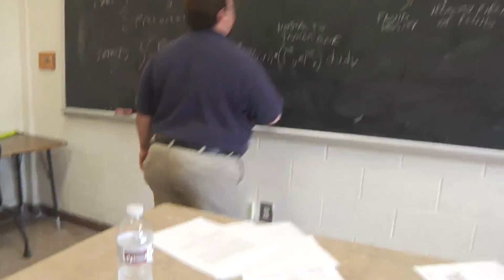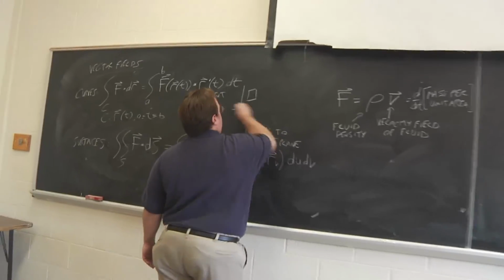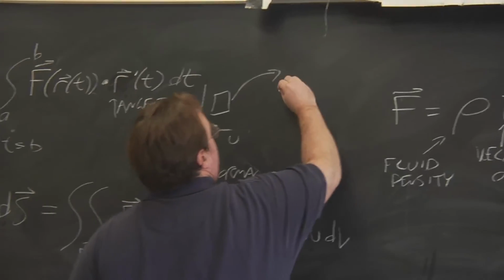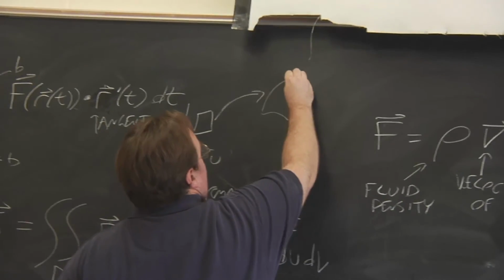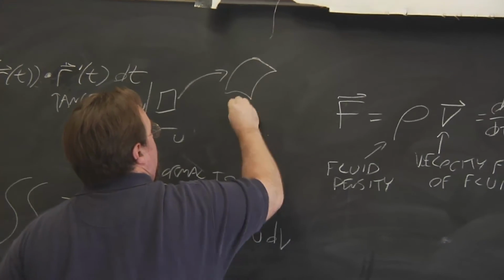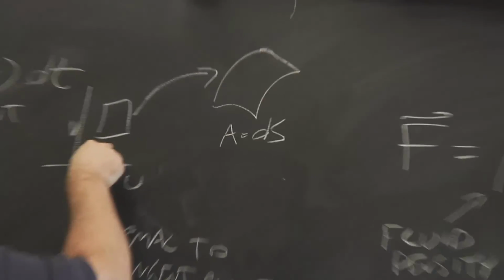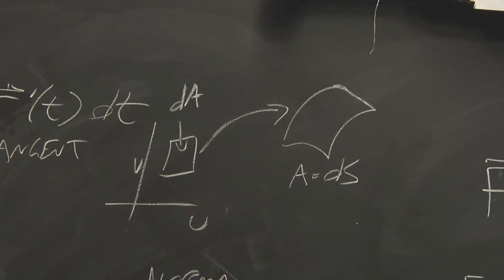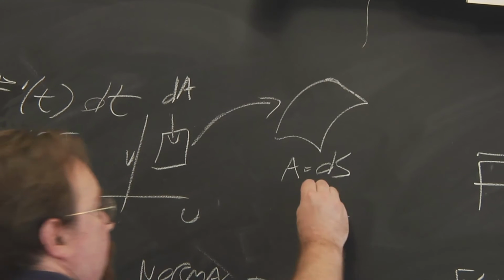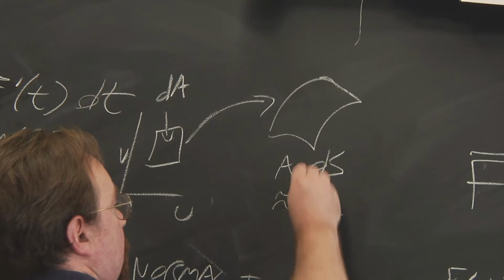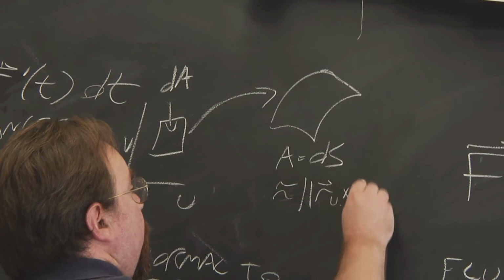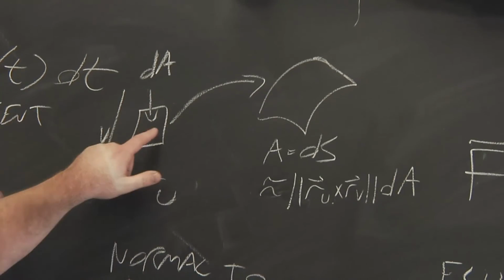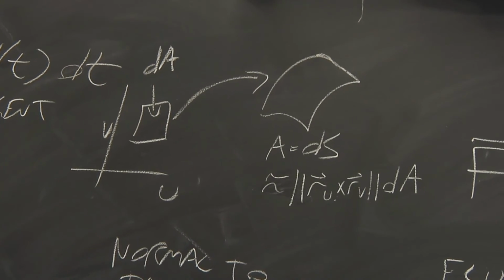This is really from last time: if you have a rectangle in parameter space that's mapped to a surface patch, the area of the surface patch is dS, the area of the rectangle is dA. So dS is roughly R_u cross R_v times the area of the rectangle. Yeah, this came from when we derived the formula for the area of a surface last time.